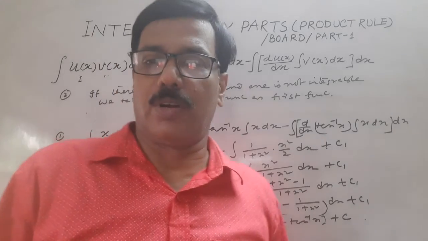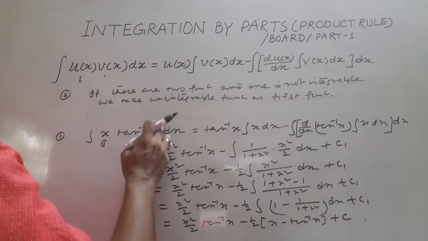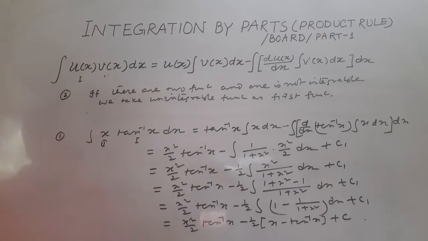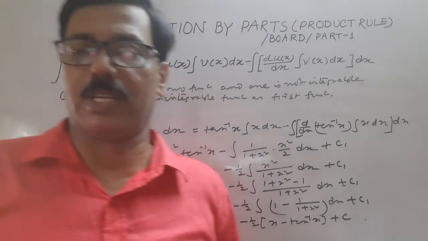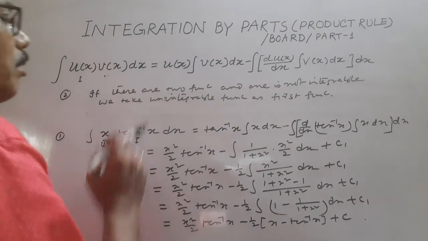So this is our observation. x and tan inverse x: this is unintegrable. So we take the unintegrable function as the first function. That is, you have to differentiate unintegrable functions.